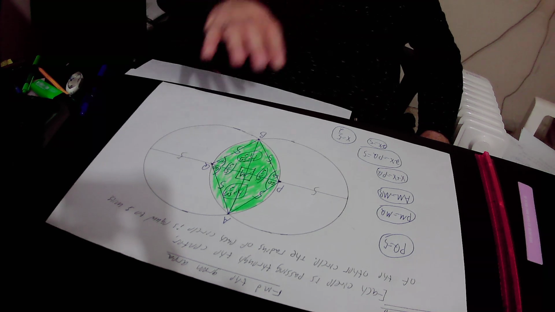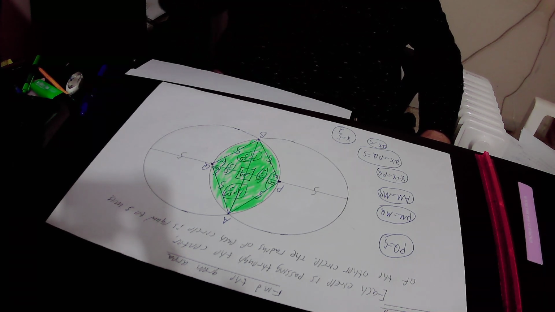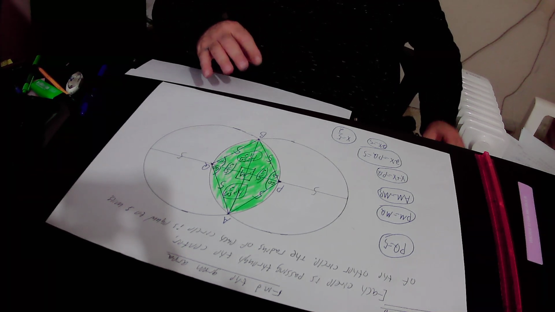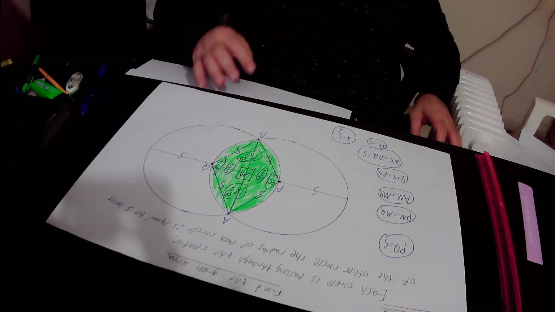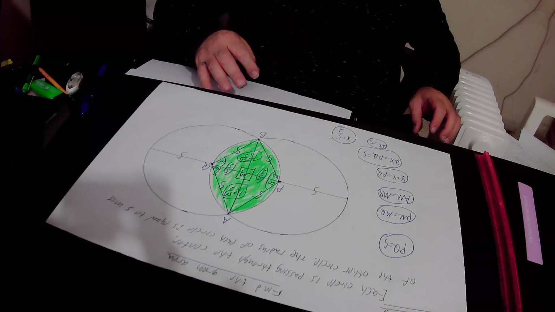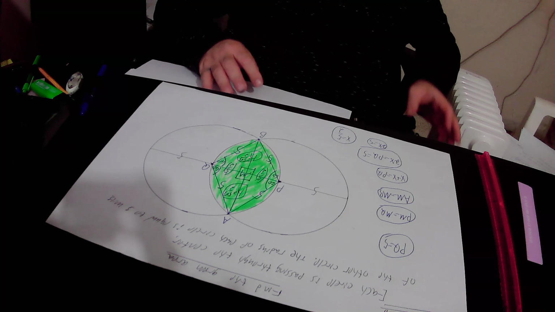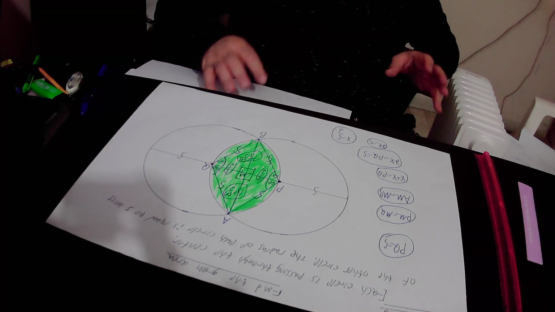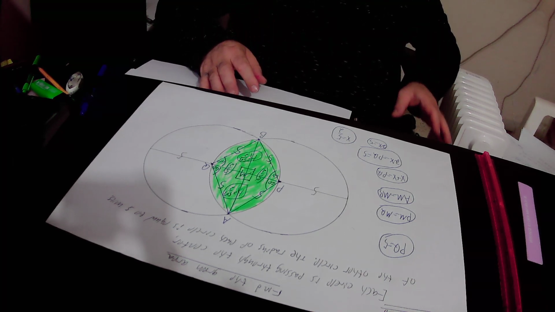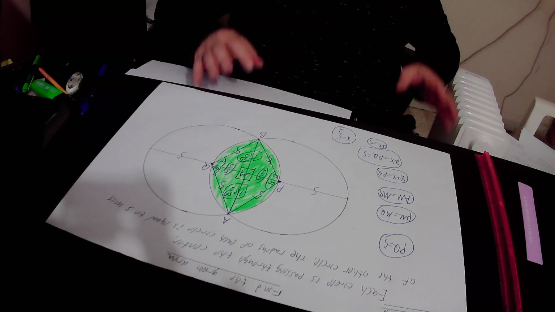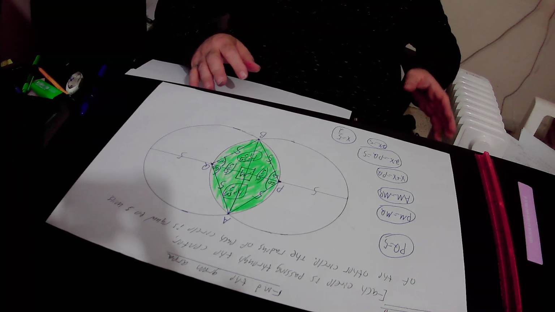A rhombus is a quadrilateral in which all of its sides are equal to each other. Any quadrilateral with all sides equal could be a rhombus, not necessarily, but it also could be a square.